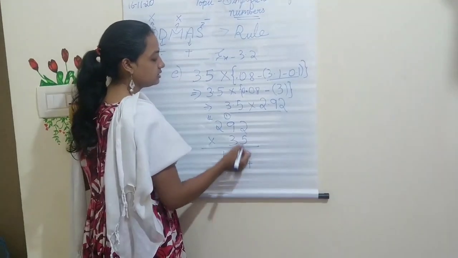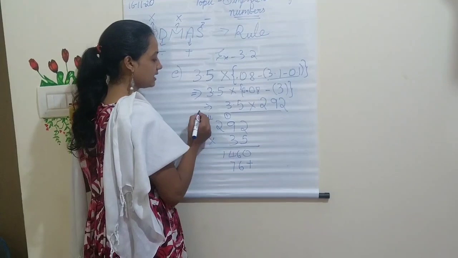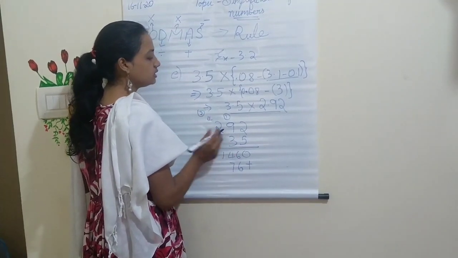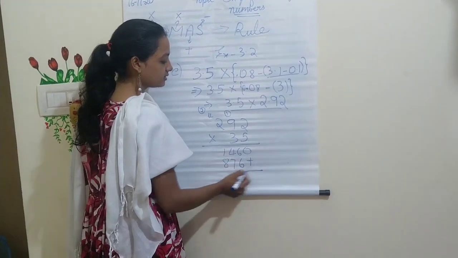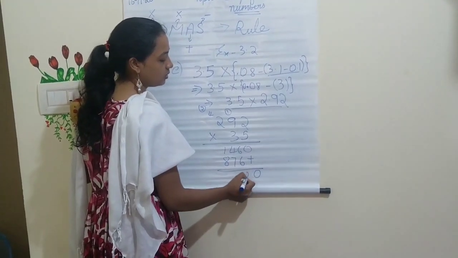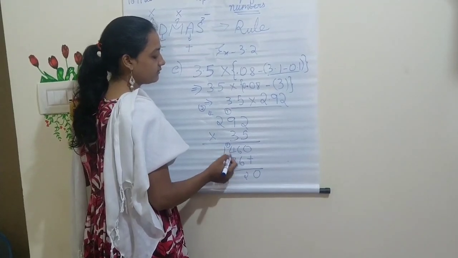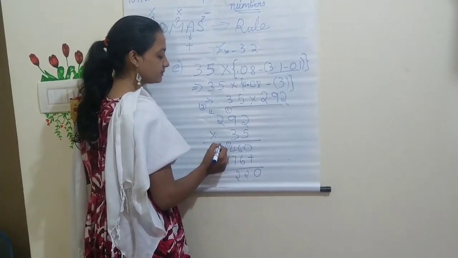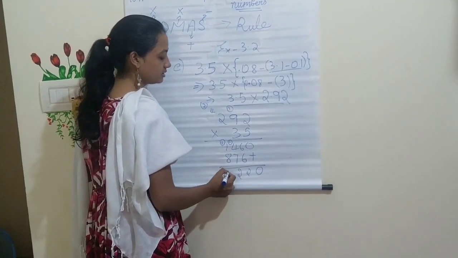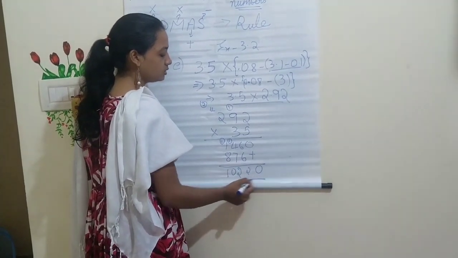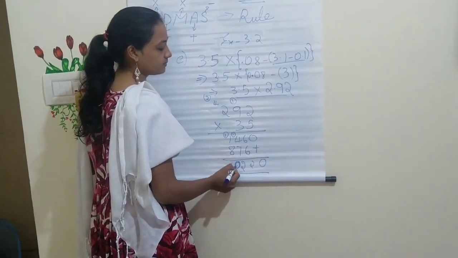Plus 3 2s are 6. 3 9s are 27. 3 2s are 6 plus 2, 8. 0, 12. I get 11, 12 again. 8 plus 1 is 9 plus 1, 10. Children, addition you all know it, so I am not going into detail. I am doing it a little faster.